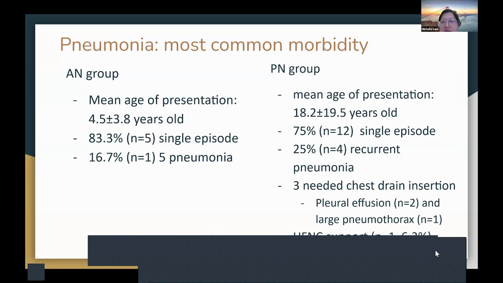As for the PN group, the mean age is much older, 18.2 years old, and 75% of them presented with a single episode, and 4 of them had recurrent pneumonia. 3 of them required chest drain insertion due to pleural effusion, and 1 due to large pneumothorax. 1 case required high-flow nasal cannula oxygen support due to respiratory failure.